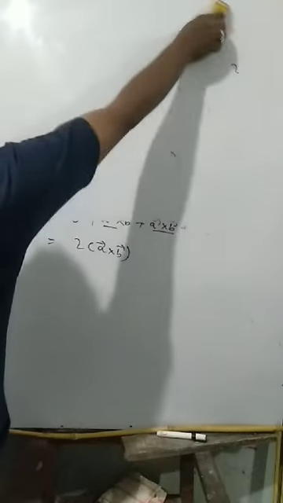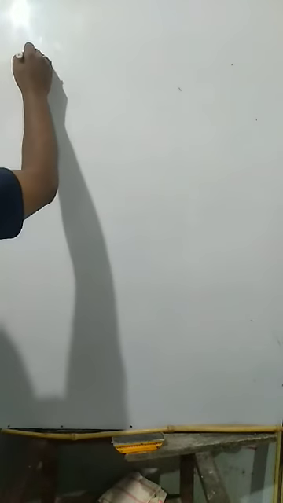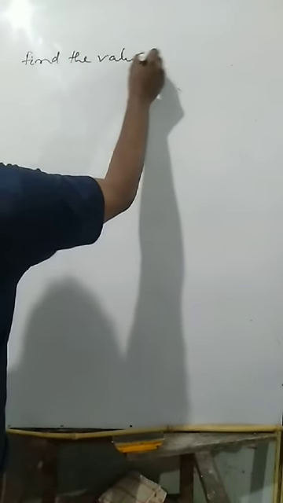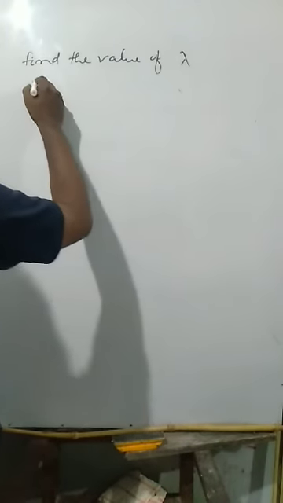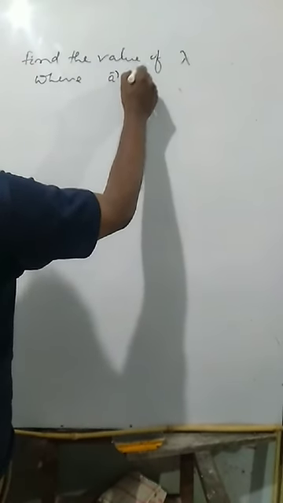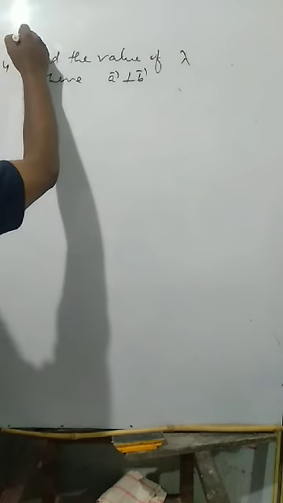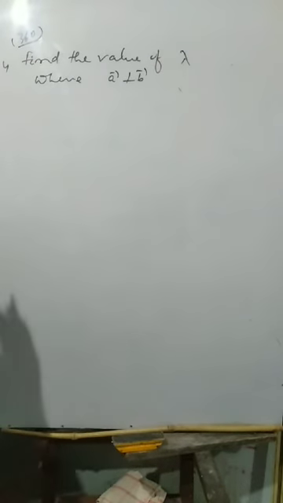Find the value of lambda, where a vector is perpendicular to b vector. A question of 4 from page number 360. Page number 360, here the question number 4.